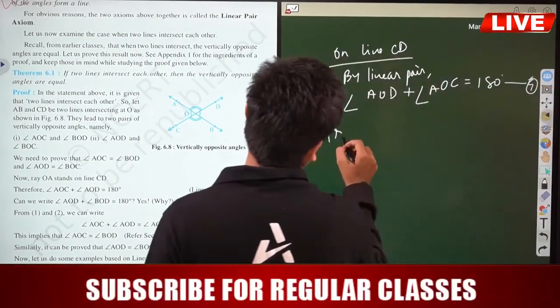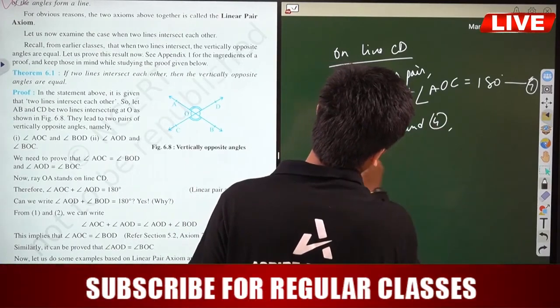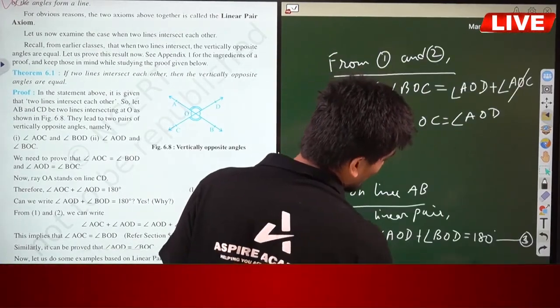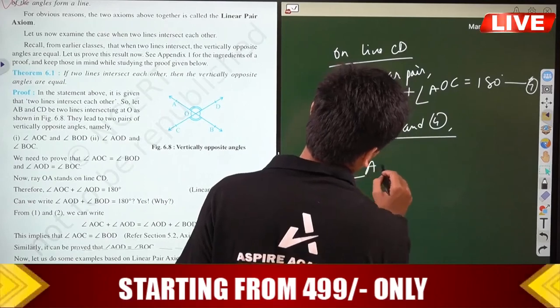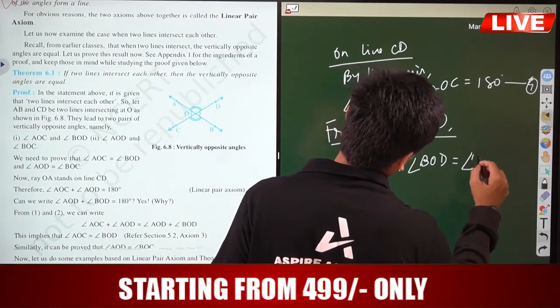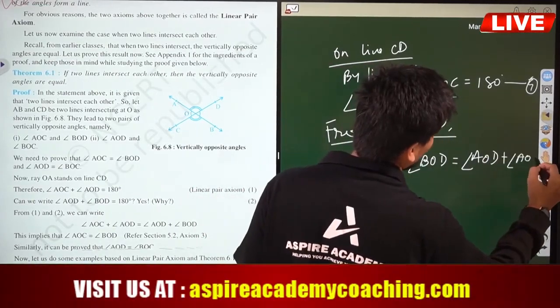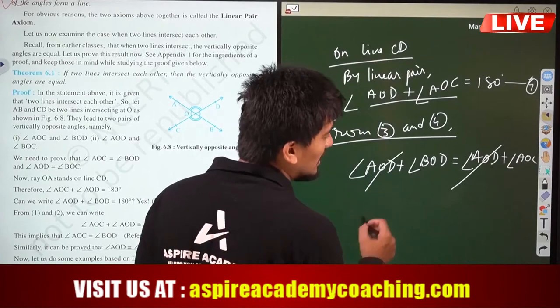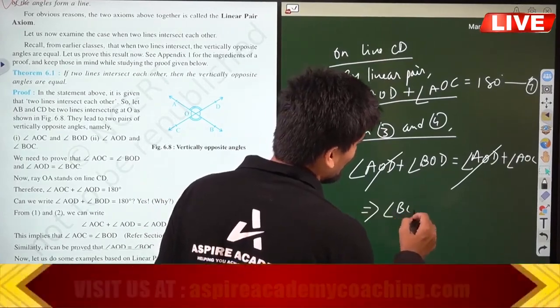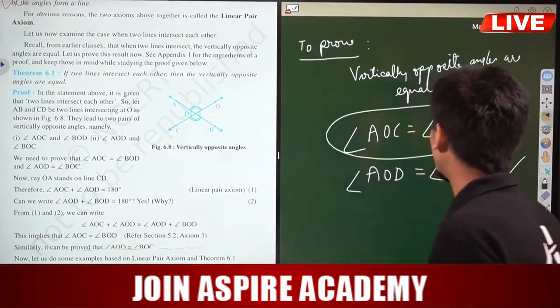Now from 3 and 4, what have we got? Angle AOD plus angle BOD is equal to angle AOD plus angle AOC. Now AOD gets cancelled out. What we have is angle BOD is equal to angle AOC.